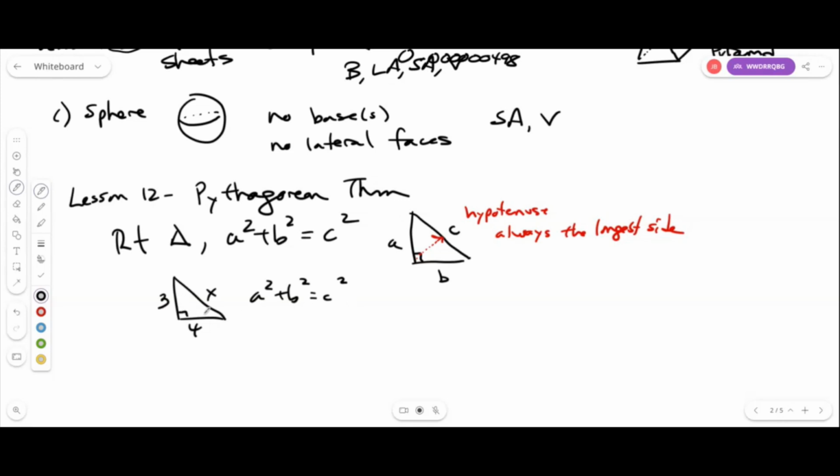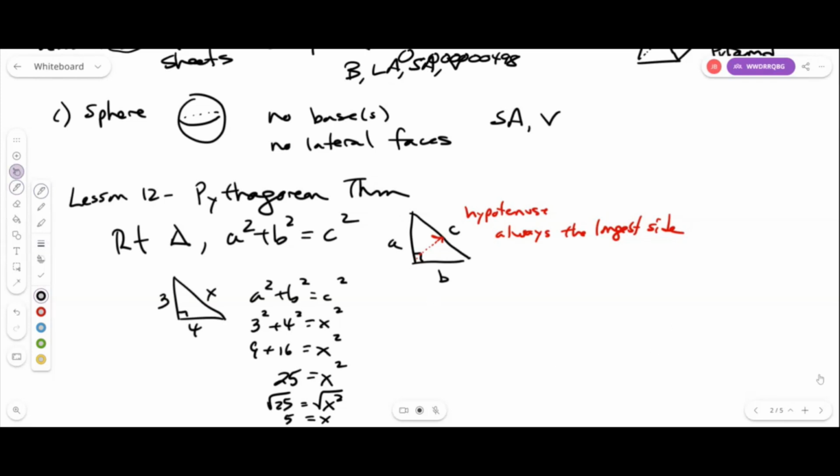The two legs are 3 and 4. 3 squared plus 4 squared equals x squared. 3 squared is 9. 4 squared is 16. 9 and 16 is 25. Take the square root of x squared. Take the square root of 25. The square root of x squared is x. The square root of 25 is 5. The missing side here is 5.